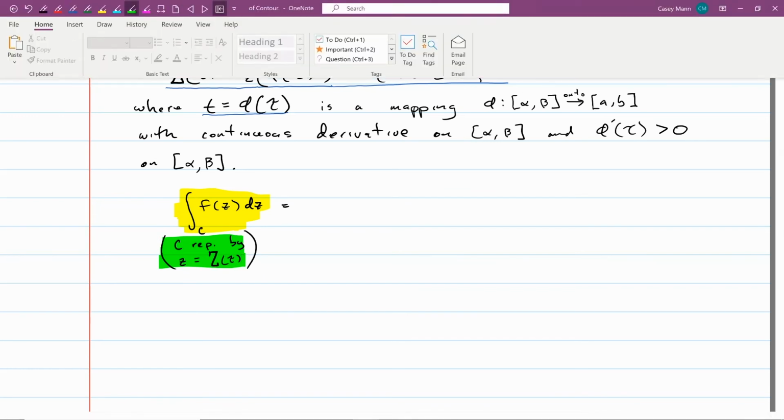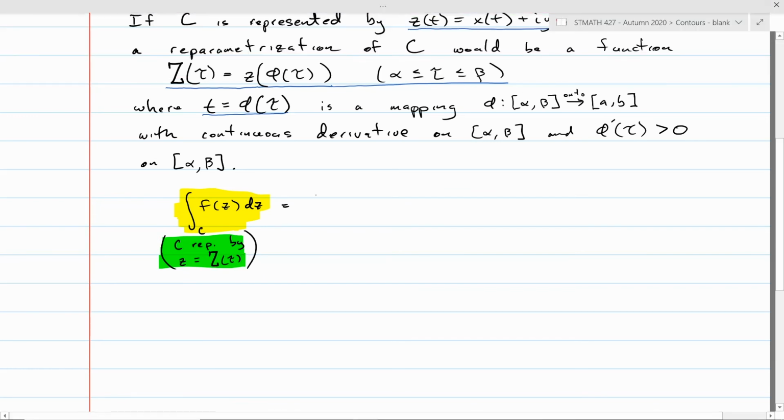So according to the definition, this integral would go from, remember tau goes from alpha to beta, and then you do f, and then you replace little z with whatever the curve parametrization is. Well, we're doing big Z of tau inside of f, and then we have to multiply times dz, which would be big Z prime of tau, and then d tau.